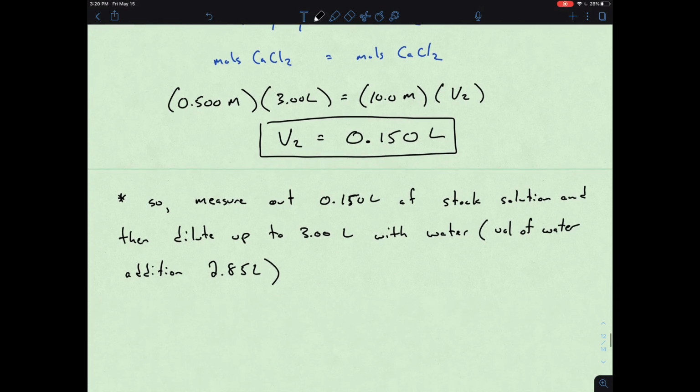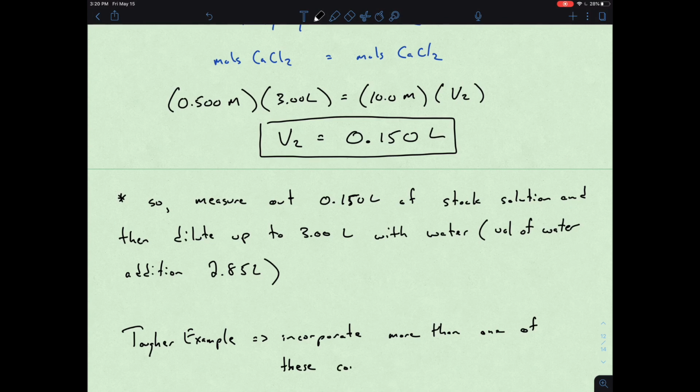A tougher example would be one where we incorporate more than one of these conversions from above.